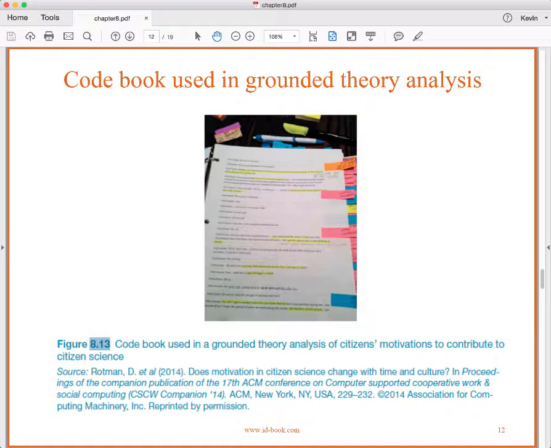Here's a code book. So here's a code book used in grounded theory analysis. This particular one was in talking to citizen scientists. So this is a clear kind of informatics research that was going on. The important thing in coding is that you need to be able to create what we call intercoder reliability.